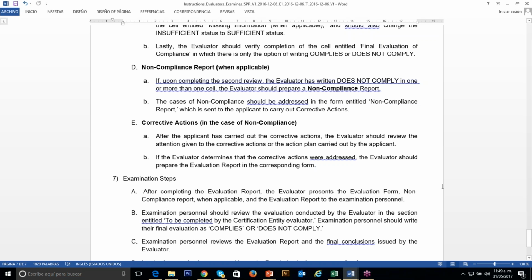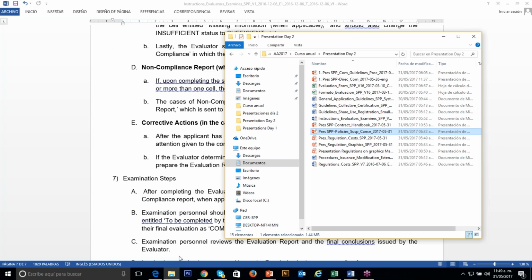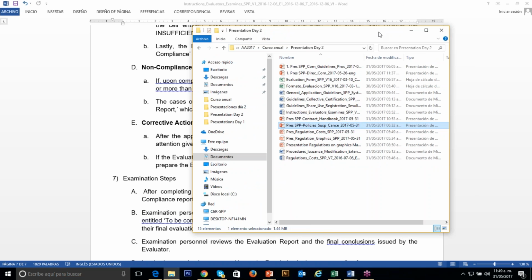I hope all this information is useful for you, and it's not all the information we have in the system. We have experience from the 7 years since the SPP certification program started, with different organizations and different cases.